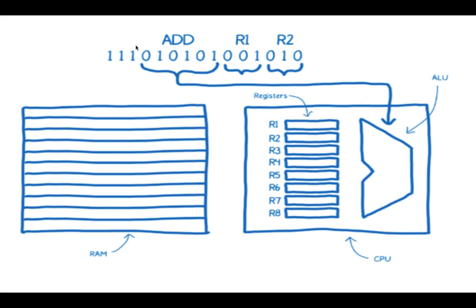Another machine could have read the first 9 bits as the instruction, so this may be different for that machine. So we will translate the C code into a middle layer, the intermediate representation, which will be something like add R1 R2, and this is called assembly level language.